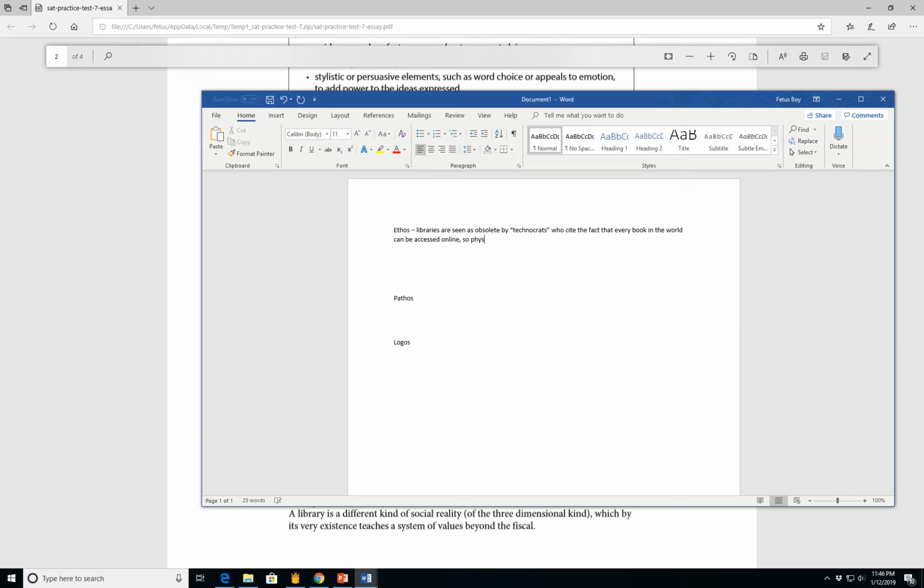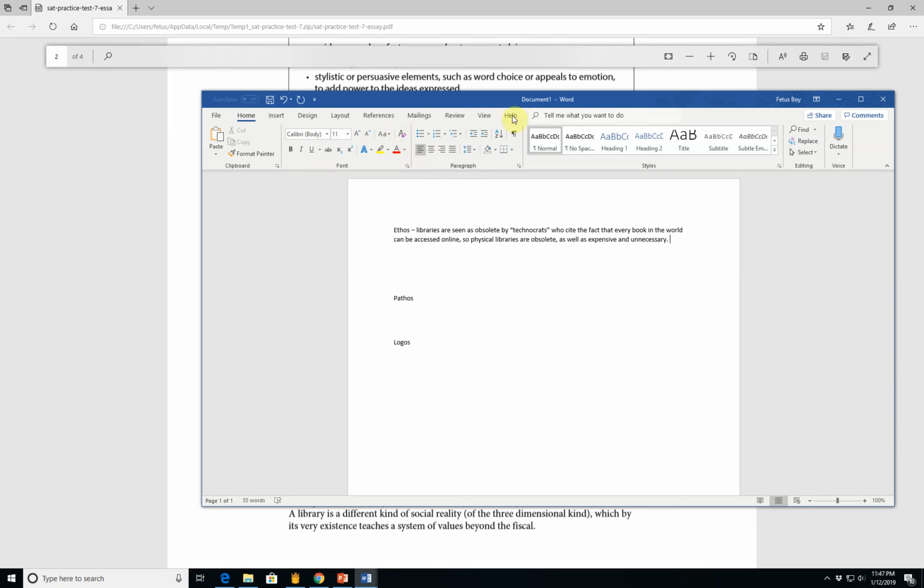So physical libraries are obsolete, as well as expensive and unnecessary, which I suppose folds into obsolete, since if you don't need them, then why have them?